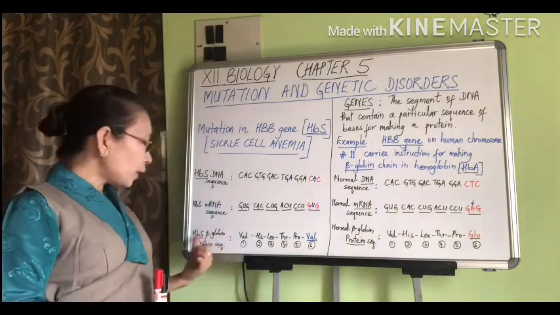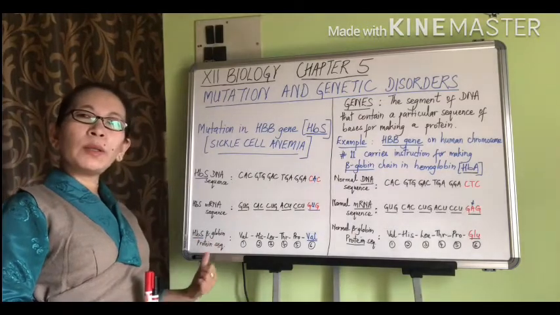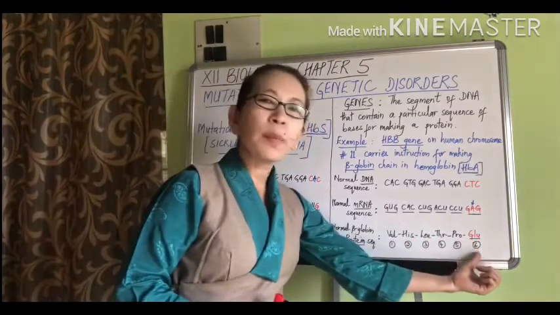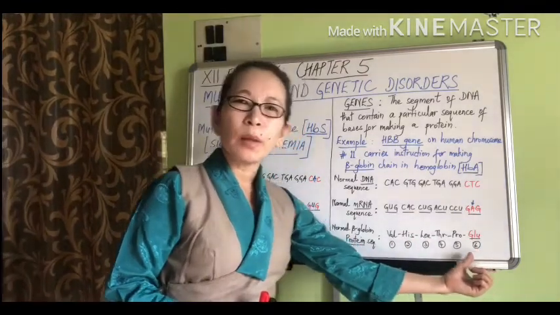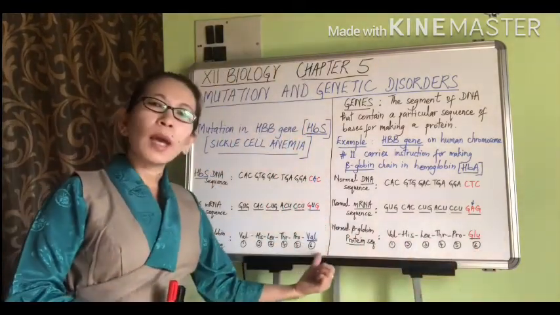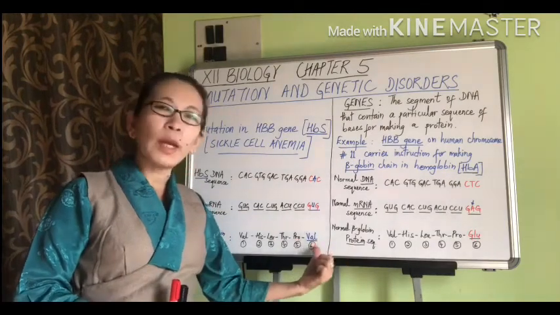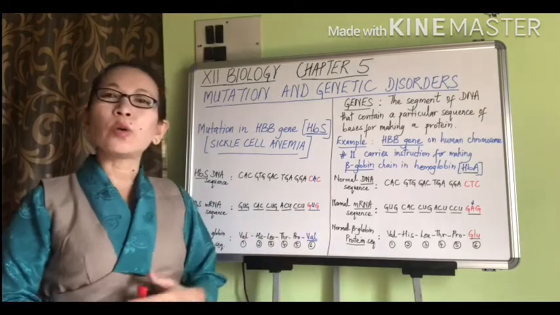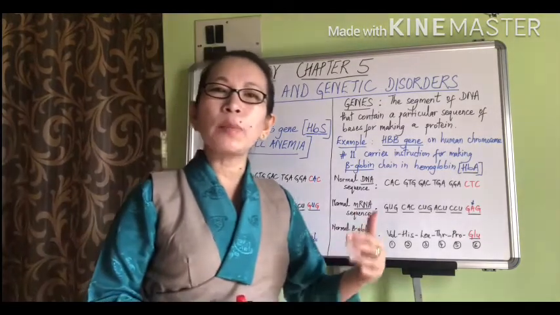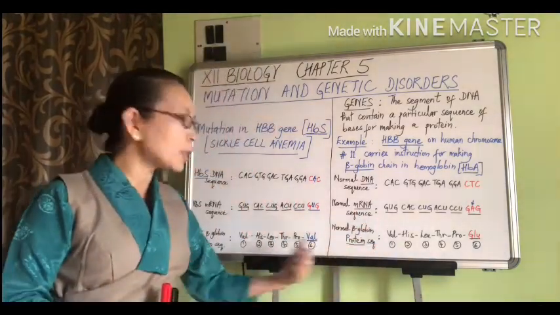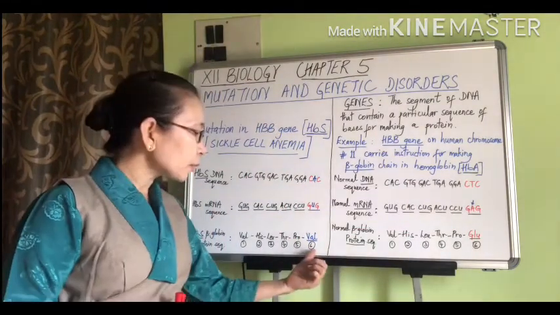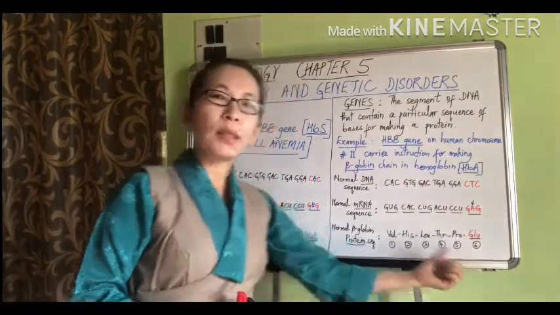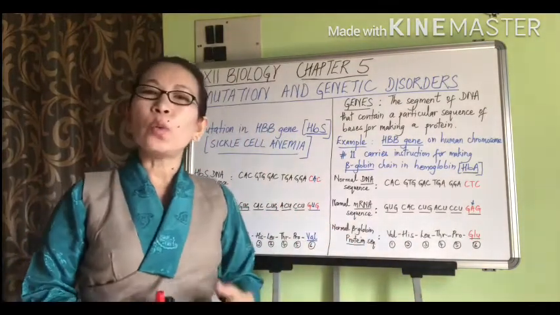So now in the HBS beta globin chain, instead of glutamic acid at the sixth position, glutamic acid is replaced by valine, another amino acid, because there was a change in the codon. The codon has now become GUG, and because of this the amino acid at the sixth position is not glutamic acid, but has now changed to valine.